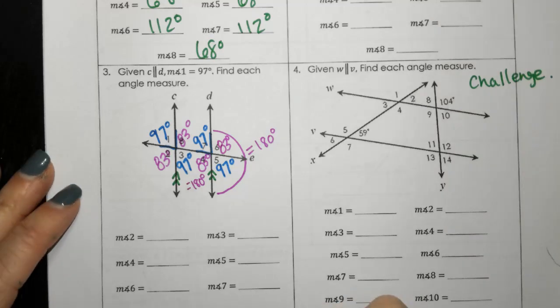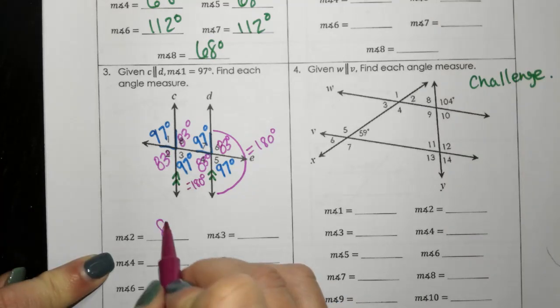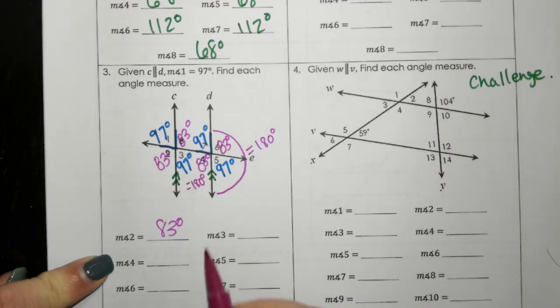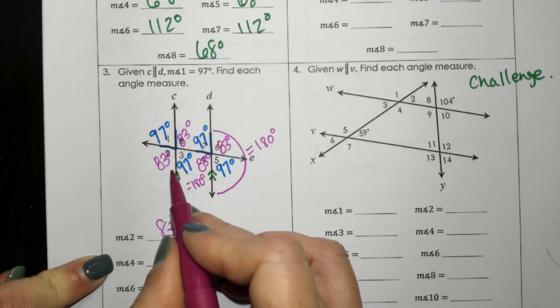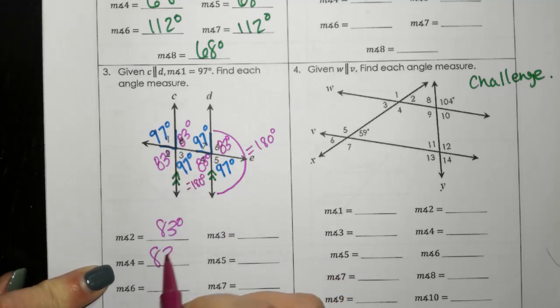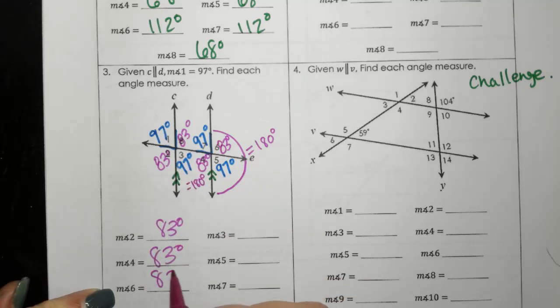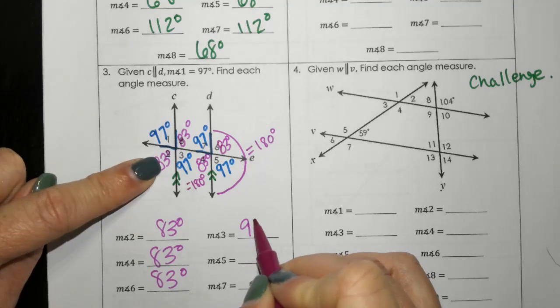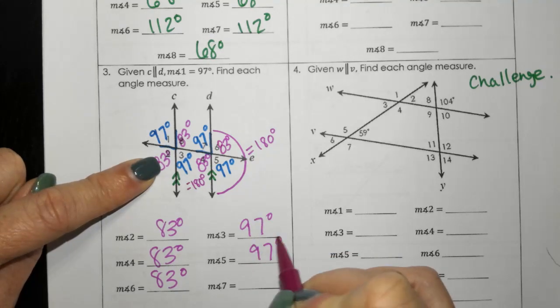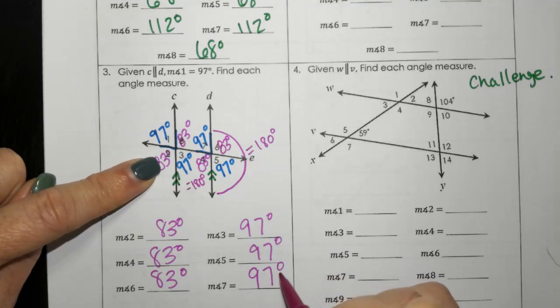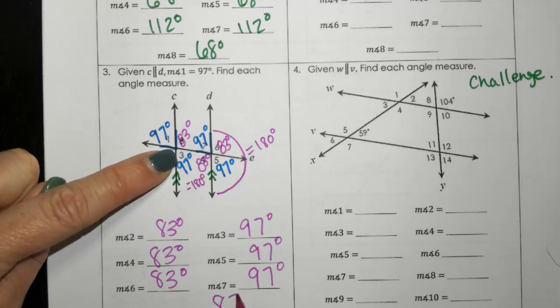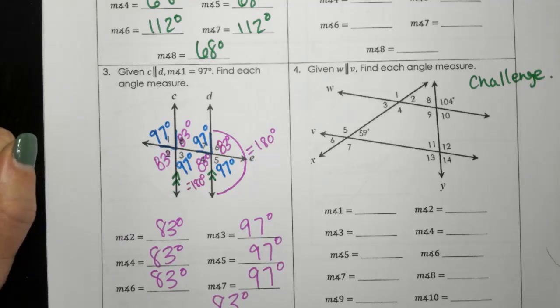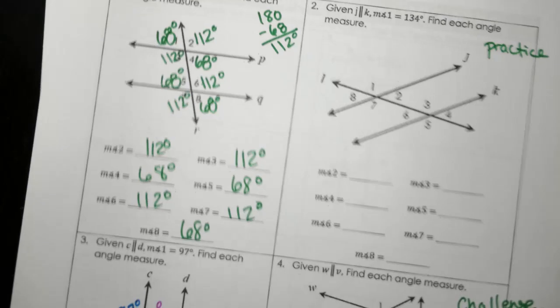And we could fill out our little chart here. 2, 83, 4, I don't know where 4 is, there it is, 83, 6, 83, 3, 97, 97, 97, and 83. There you go. Okay.